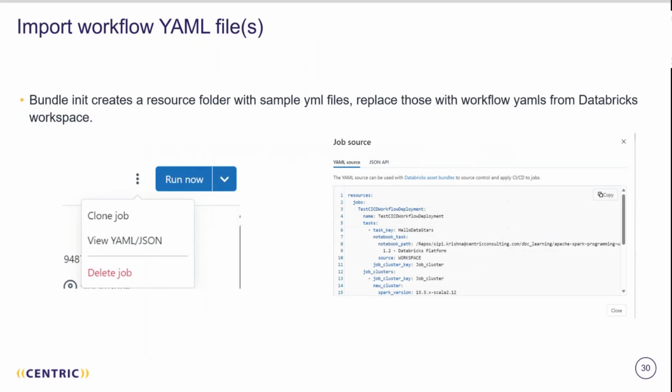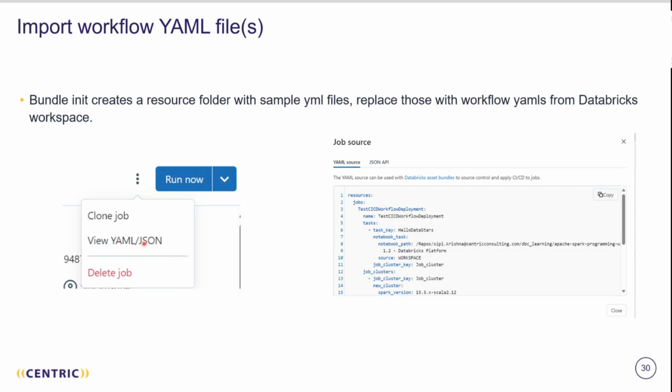Additionally, let's talk about the customization a little bit. In the customization section, we add the YAML files, the workflow YAML files. Now, these workflow YAML files, as far as I am aware, need to be copied manually from your Databricks workspace. So when you log into your Databricks workspace and create your first workflow, you will see an option, there'll be these three ellipses. When you click on that, it will show you a View YAML/JSON option.